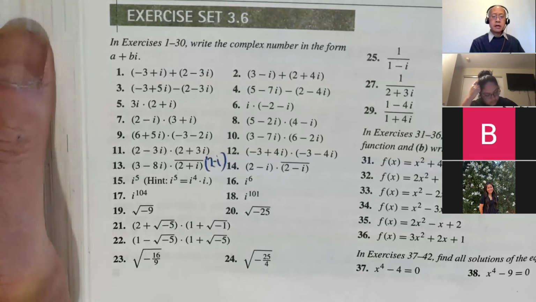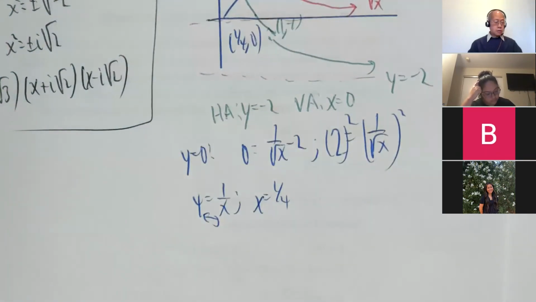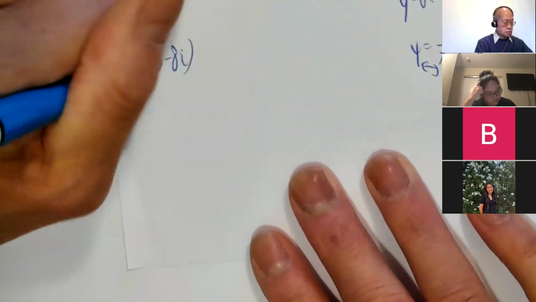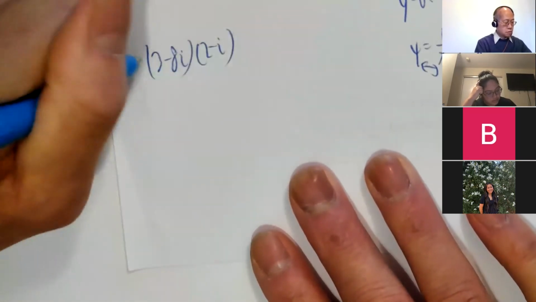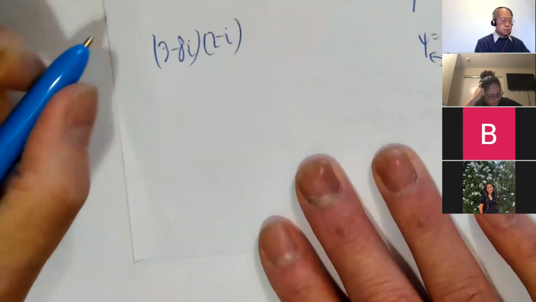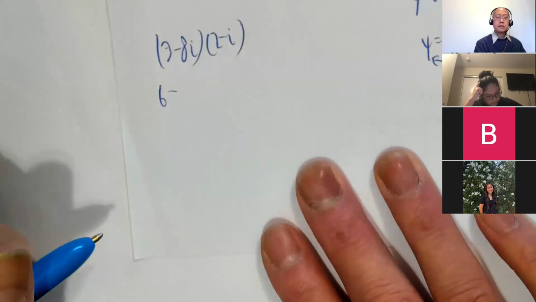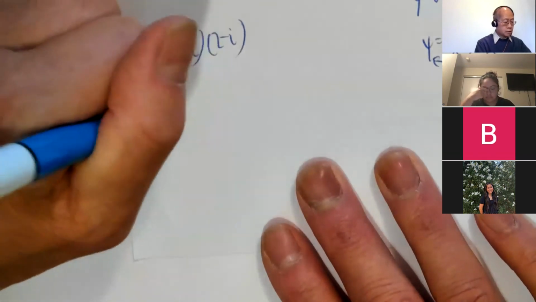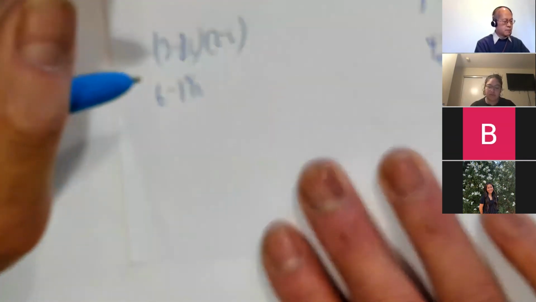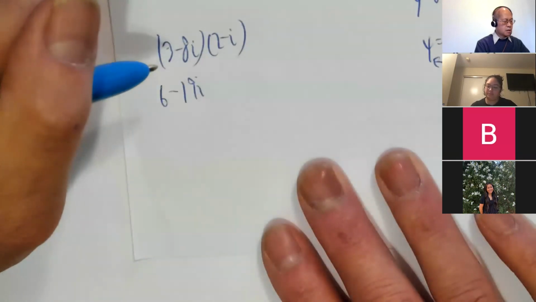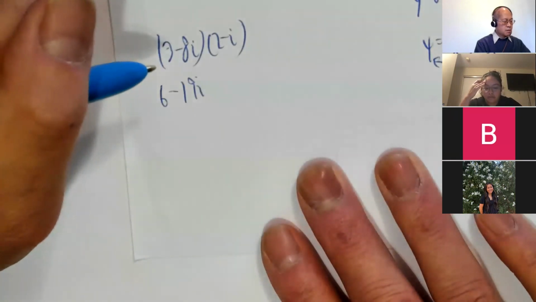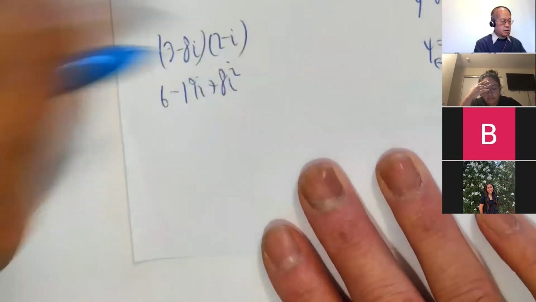So 3 minus 8i, 2 minus i. Yeah. Okay, 6 minus 3i minus 16i plus 8i squared.